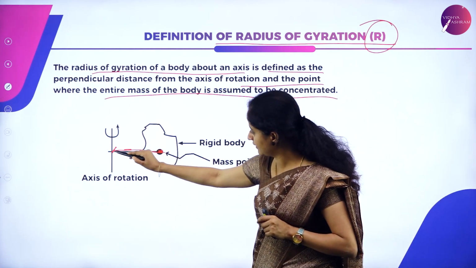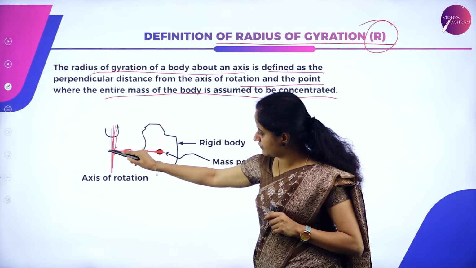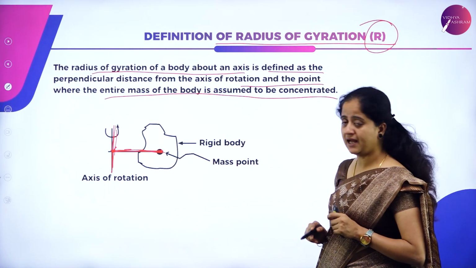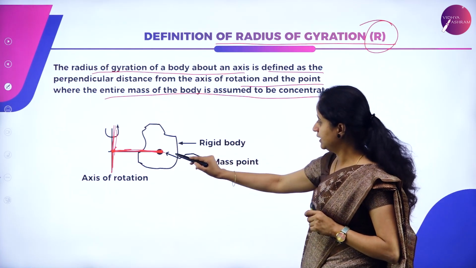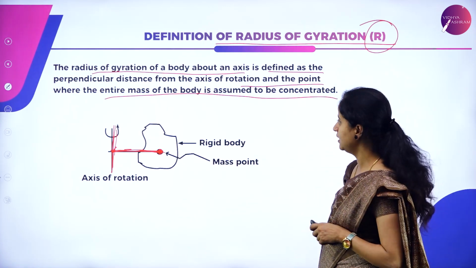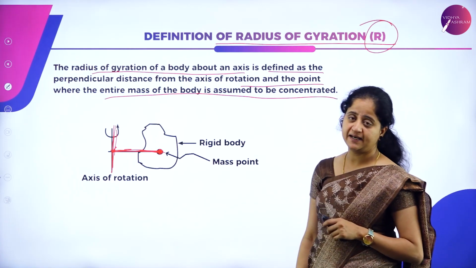So this is the axis of rotation from here to here. The perpendicular distance from the axis of rotation to the point where the entire mass of the body is supposed to be concentrated, we'll call it the radius of gyration.